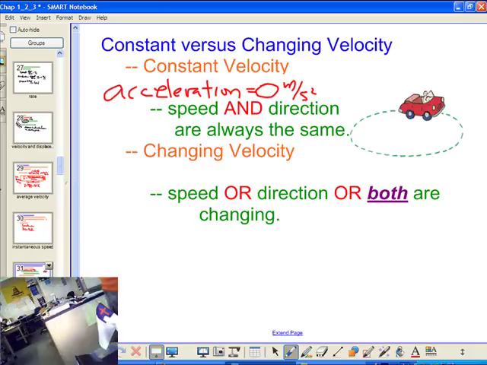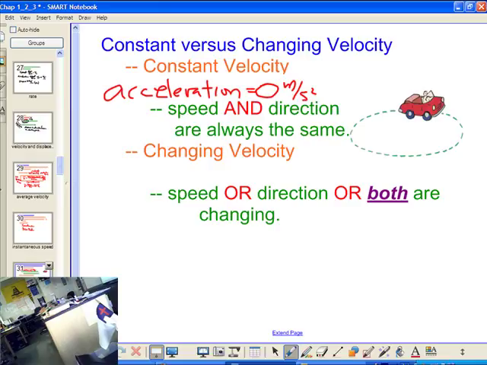But changing velocity can be a speed changing. Like you hit the accelerator, you speed up, you hit the brake, you slow down. Could be a direction changing. You're on the merry-go-round. Merry-go-round goes at a constant speed, but it's constantly changing directions. Things going around in circles are always changing their direction as far as circular motion.